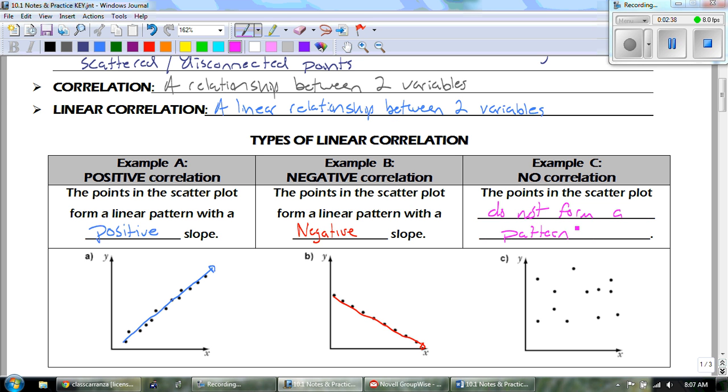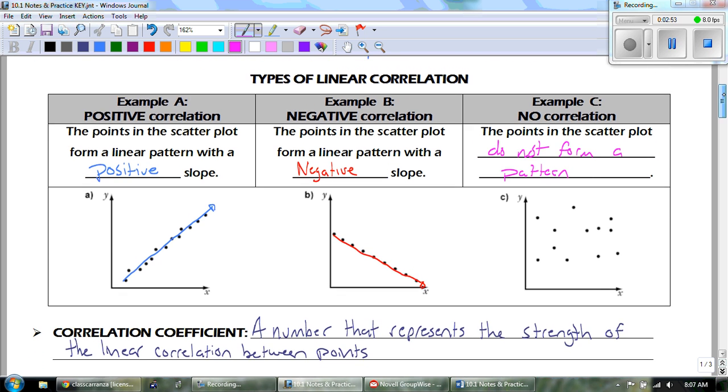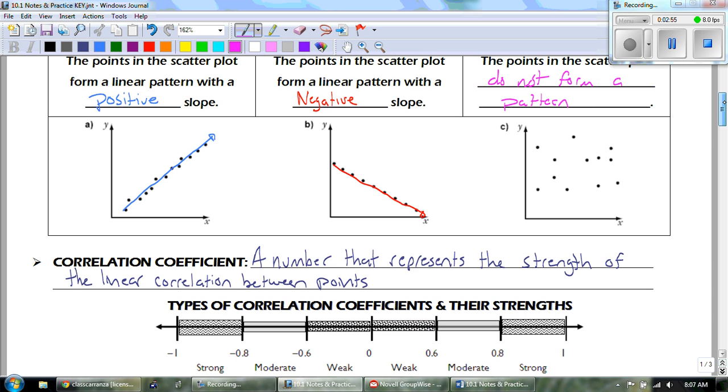Okay, so we can have a positive correlation, we can have a negative correlation, and we can have no correlation. So those are the types, and now the correlation coefficient is a number that represents the strength of the linear correlation.